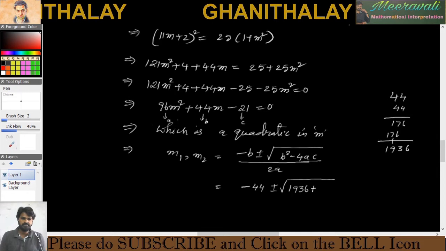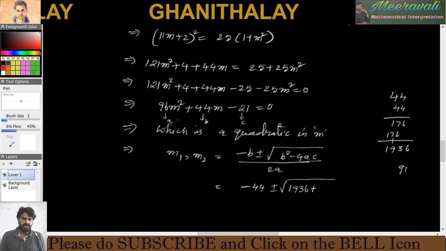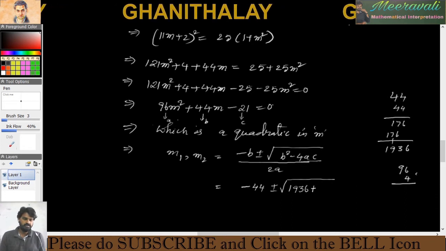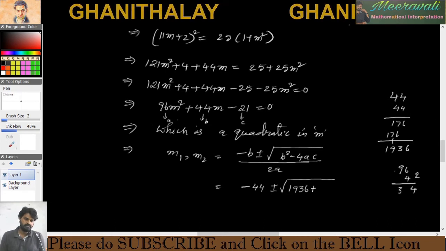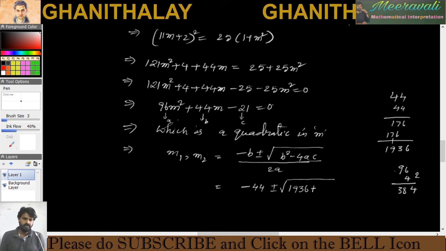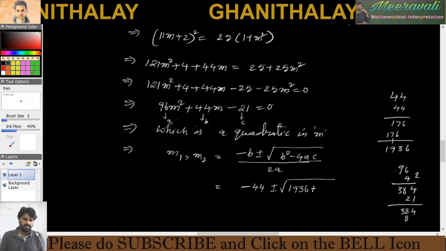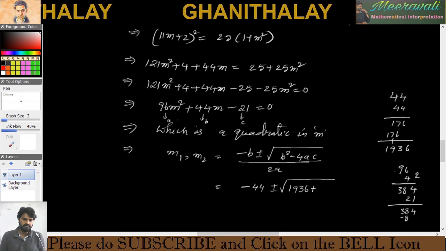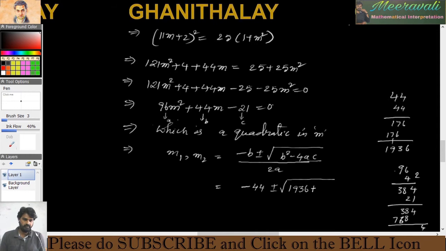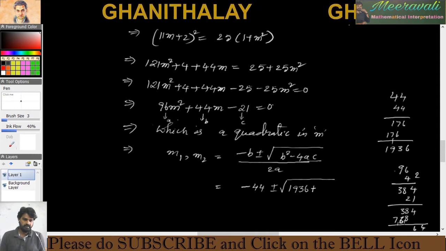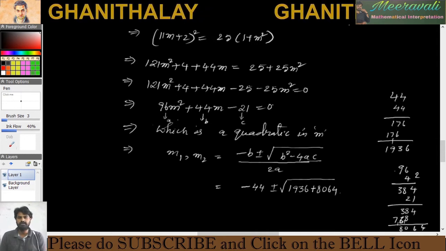Minus into minus is plus, 4ac means 4 into 96 into 21. 4 6s are 24, 4 9s are 36, 384. Next, 384 into 21, so finally 8064 you have to write here.